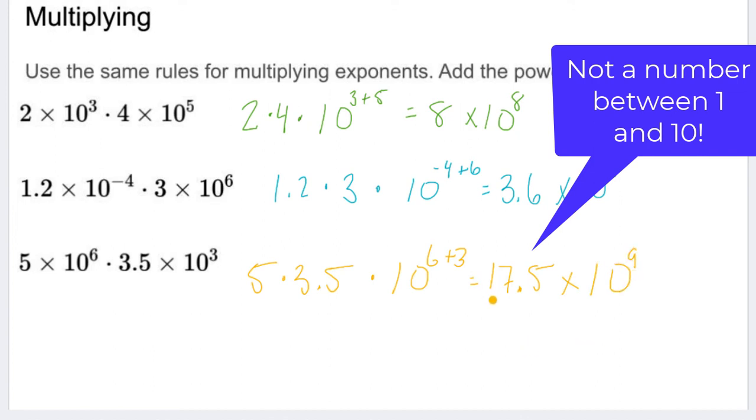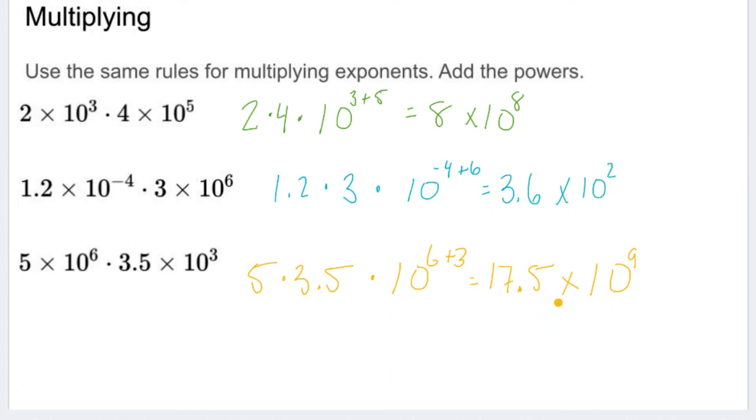You have to pause, because again, 17.5 is not between 1 and 10. The problem here is that we need to move this decimal one space further, so we want to make it 1.75. And if we move it one more place, we know we added 1 to the exponent, so we have to make it 10 to the 10th.